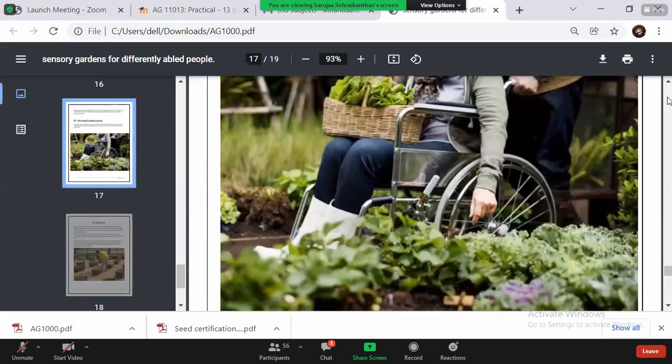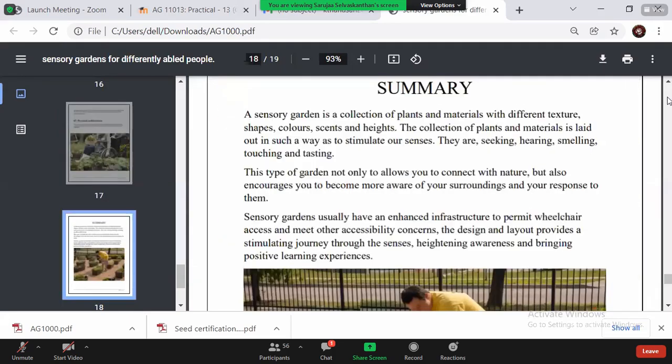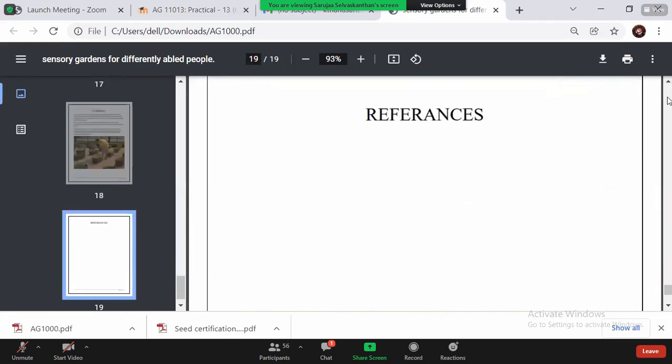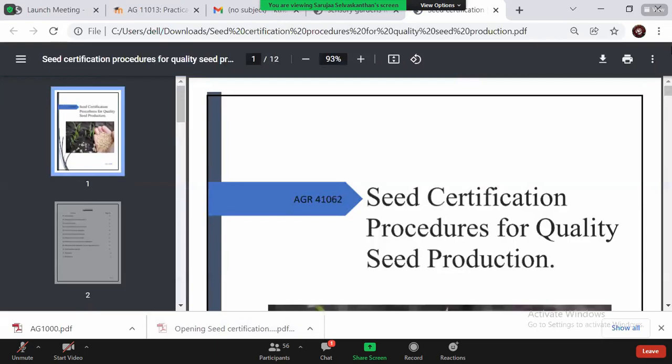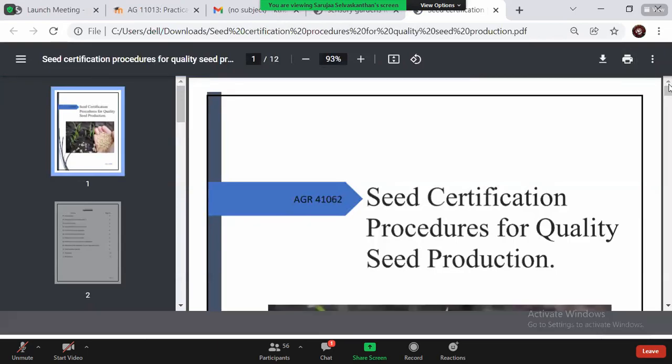Finally, we want to write the summary. After that, we want to write the references. References should be included in the specified style. I will tell you later what the style is. I think you have already prepared some in your department. This is another term paper title from my final year.